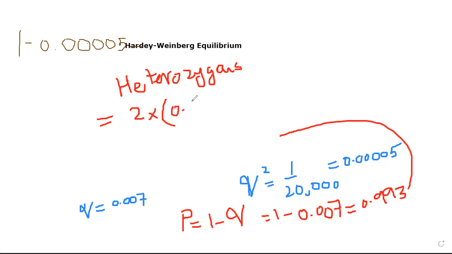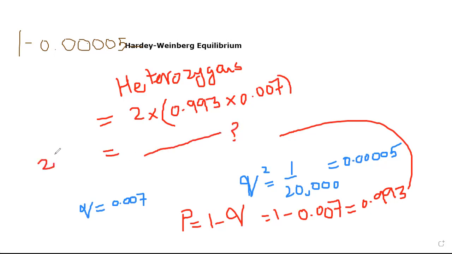The value of P, 0.993, multiplied by what? 0.007. If you do, you will get the value. This is the value of heterozygous individual in that population. You get it? So just find out the value.